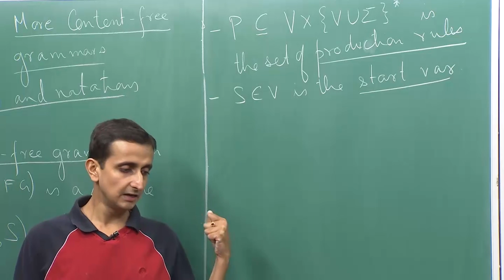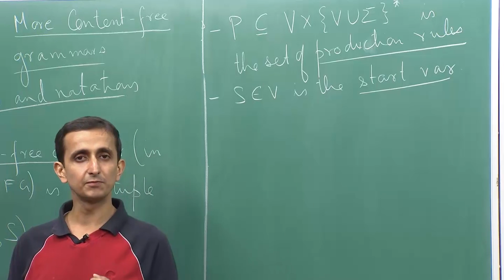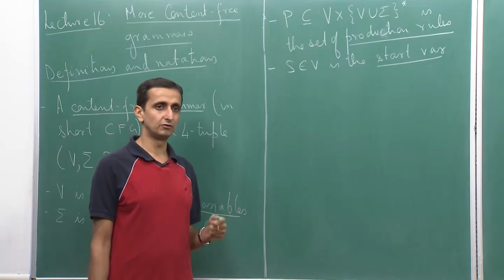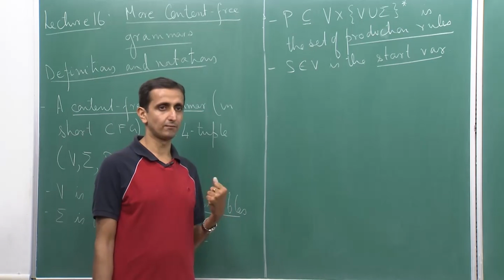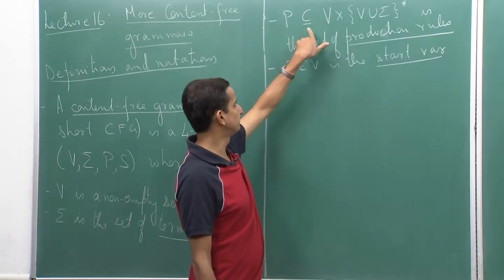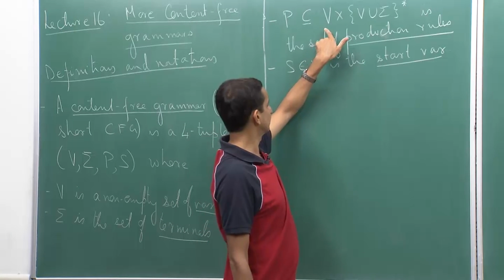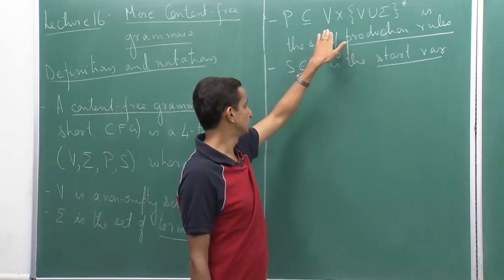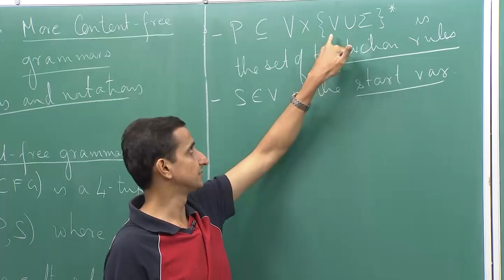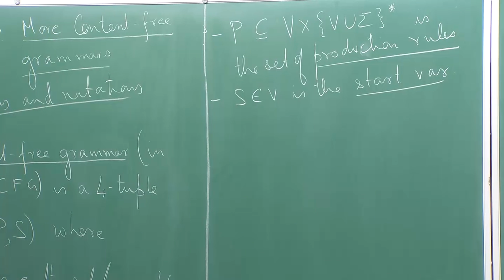The reason is that we can have multiple production rules corresponding to one variable. For a variable we can even have 0 production rules, or we can have 1 or more than 1 production rules. To accommodate that fact, we have this as a relation instead of a function. So one variable gets mapped to a string consisting of symbols from V and Sigma, and the start variable is of course there.